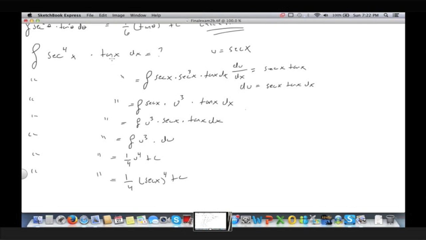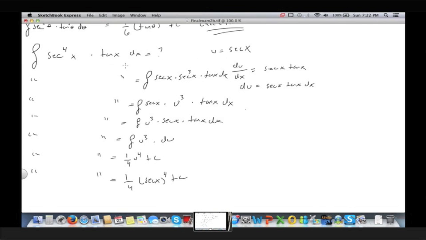So if we took the derivative of tangent of x, we get secant squared x. But that's not useful because... So I'm not quite sure why it's not useful.